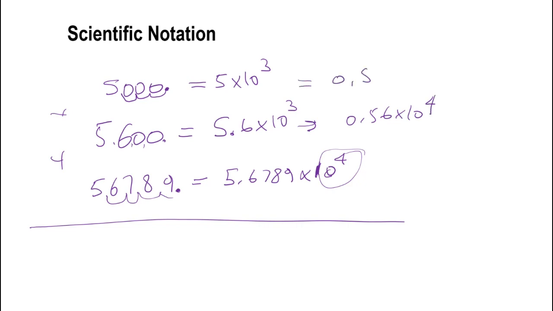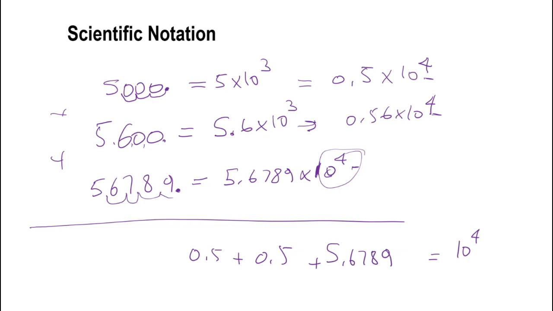It will be 0.5 times 10 to 4. Now, once I stabilize the power, I use the rule of addition. So we say the rule of addition, add 0.5 plus 0.5 plus 5.6789. I do my math and I multiply by 10 to 4. This is what would be my addition.